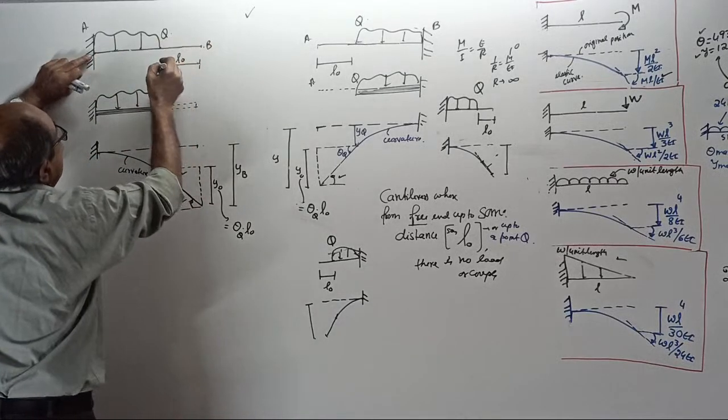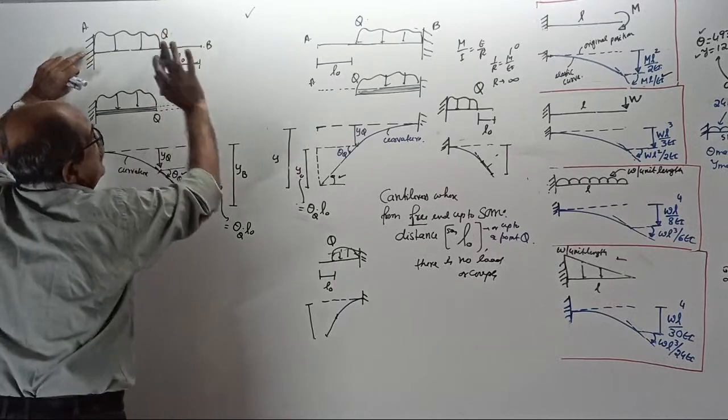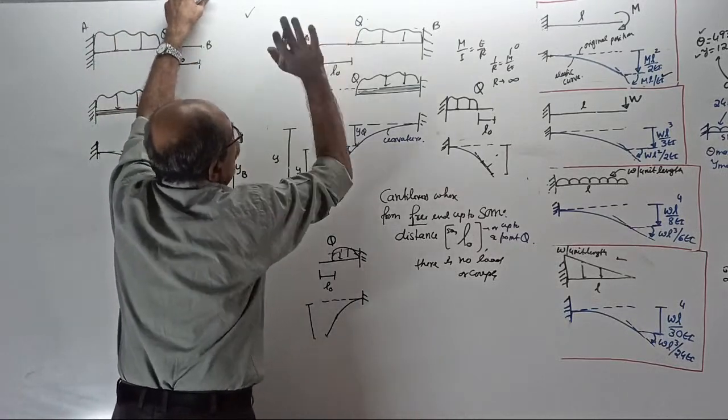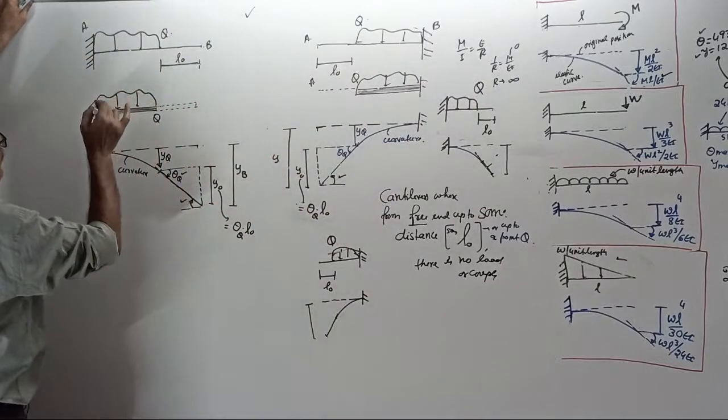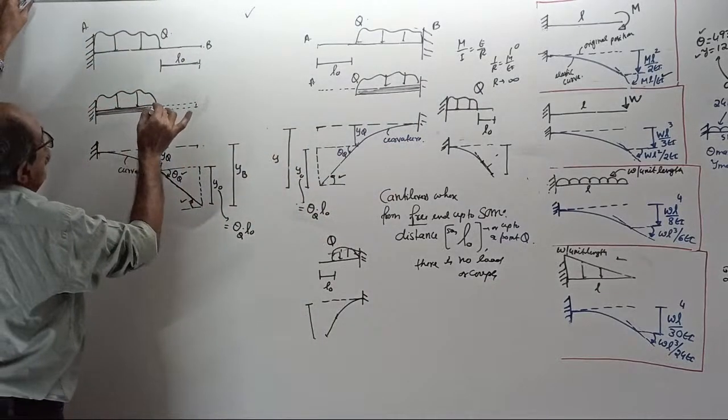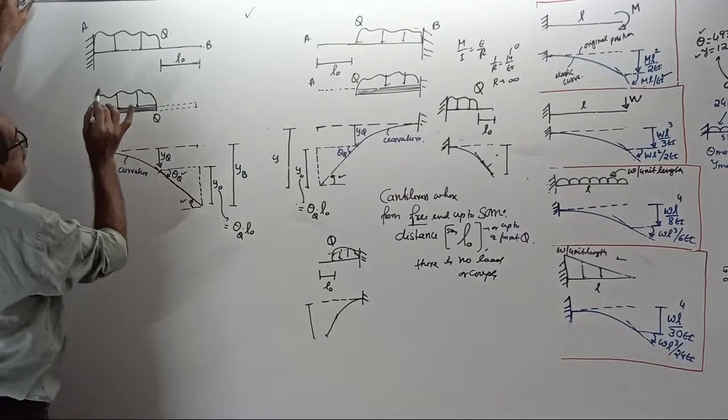Load stops here. L0 length, no load. Then bending is there. So, A to Q will behave like a cantilever.